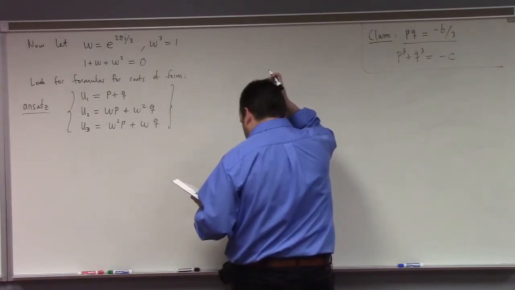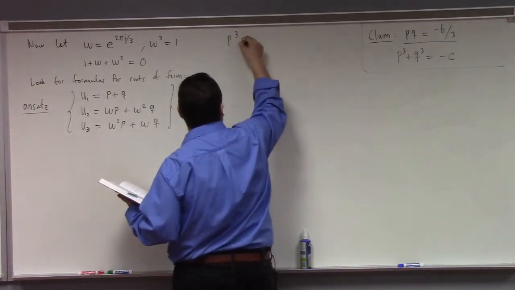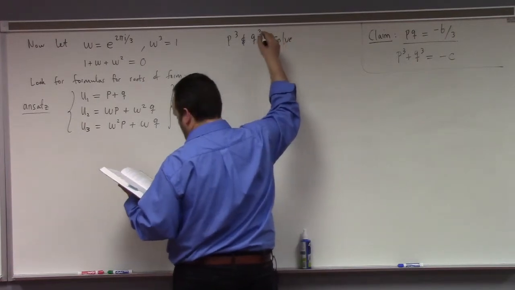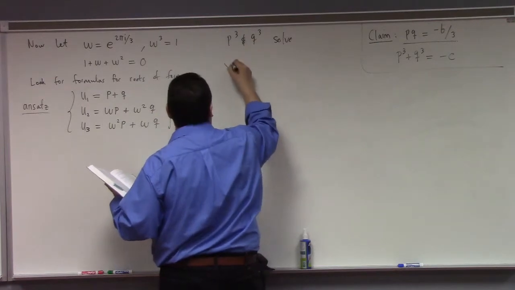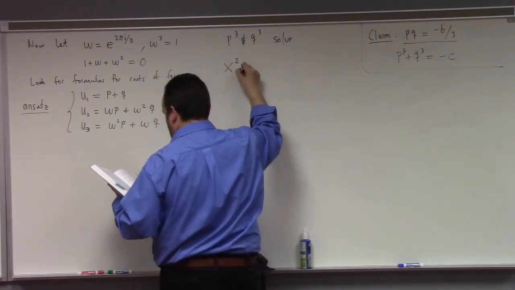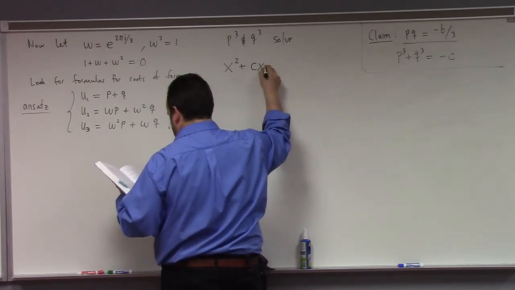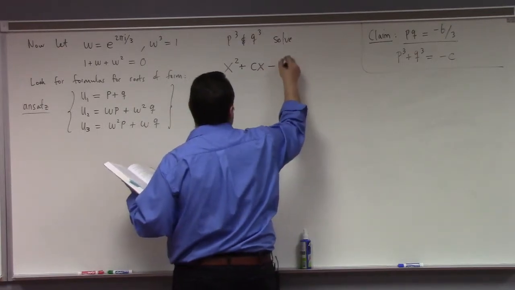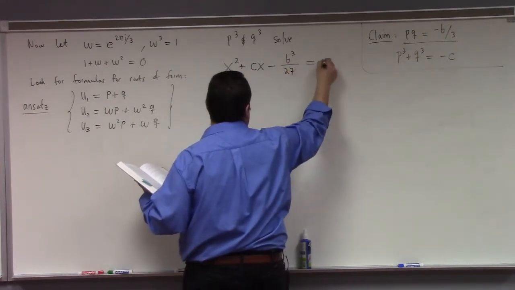These equations imply that p cubed and q cubed solve the quadratic equation x squared plus cx minus b cubed over 27 equal to 0.